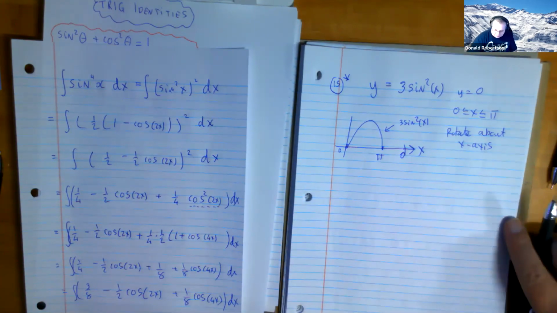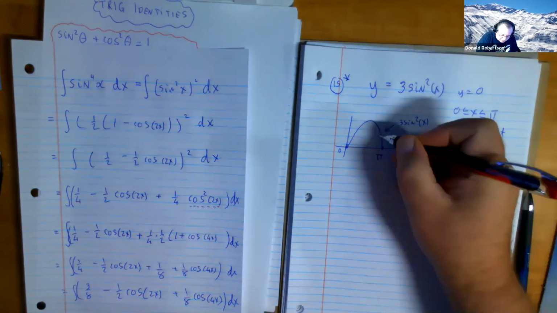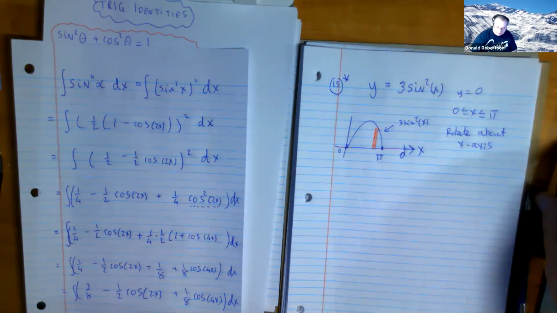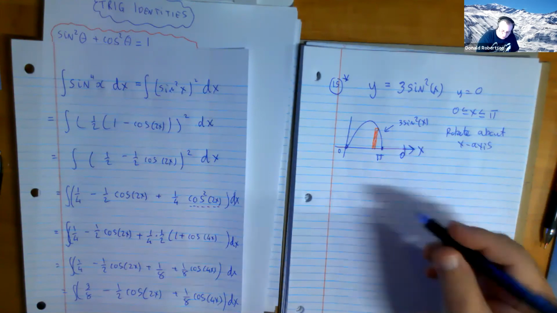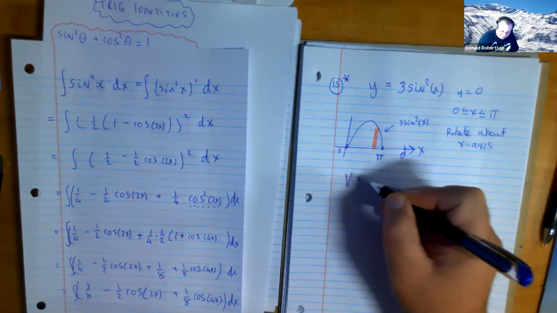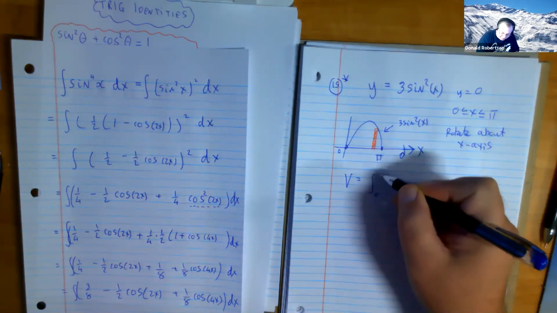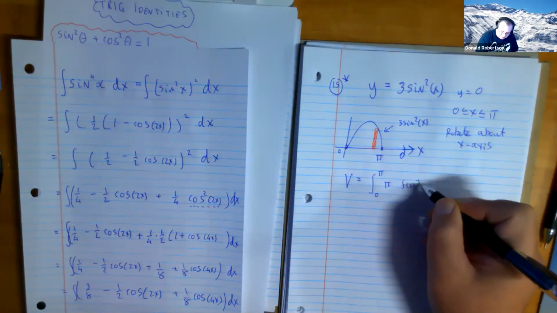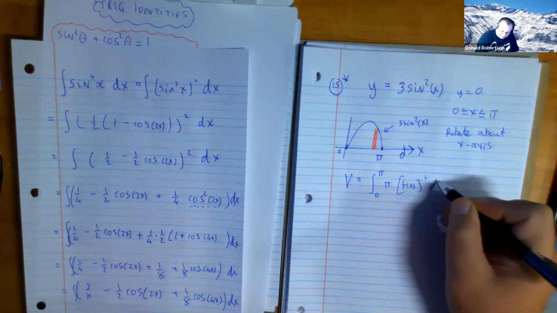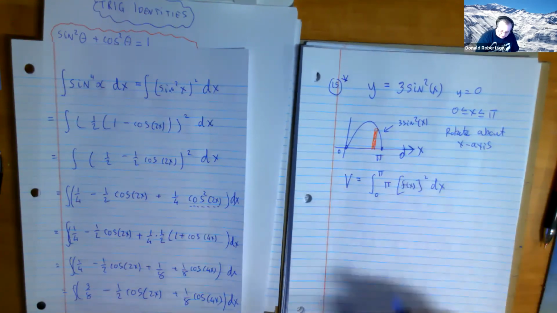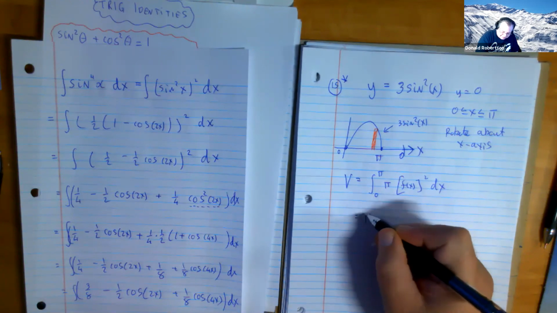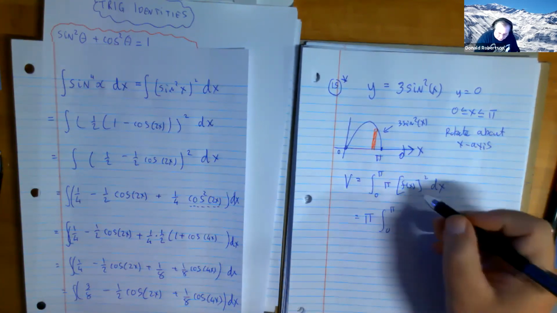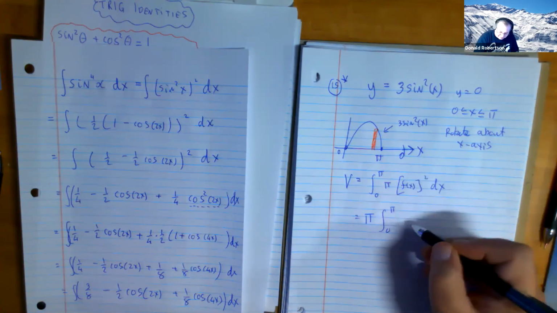So if you were going to do this, I suggest strongly that you use the disk method, which means that the volume is going to be the integral from 0 to pi of pi f of x squared dx. Basically, f of x is the radius. So that's going to be pi, the integral from 0 to pi of sine squared x squared.